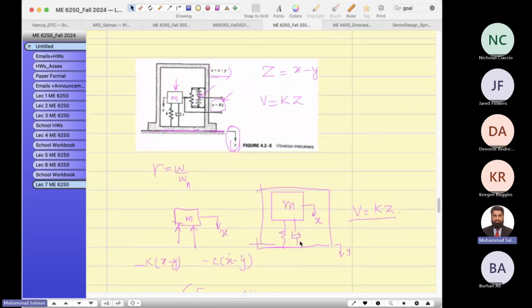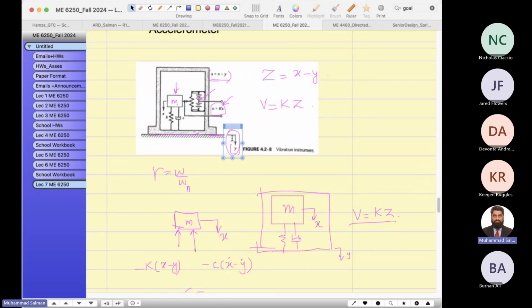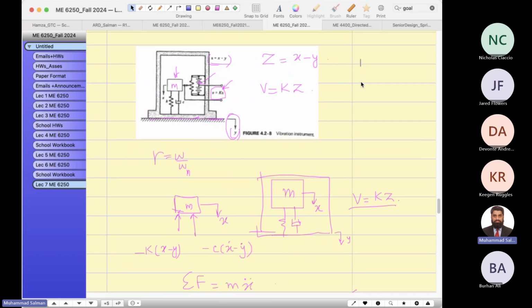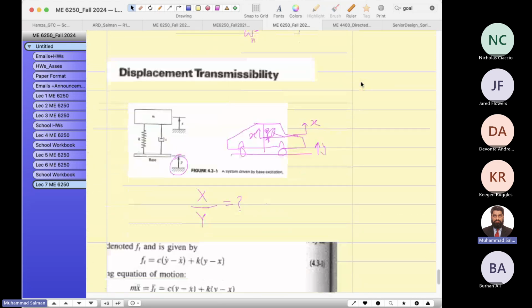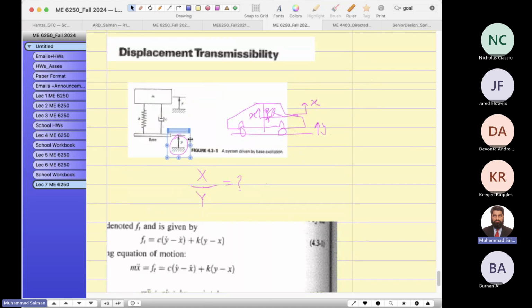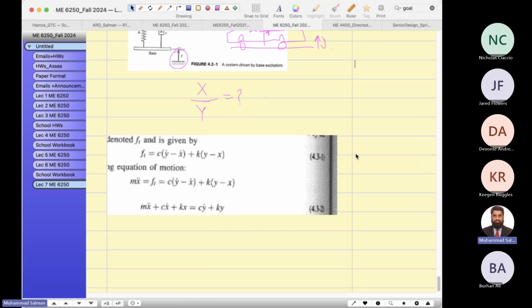This base is being excited, and the mass over here has a different degree of freedom. The total instrument is the net deflection. Similarly over here, you will see the base is excited at Y displacement, and the mass system moves at a different displacement. So this is the total force here, and this can be modeled like this over here.